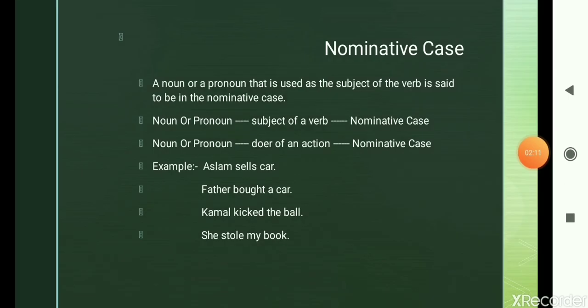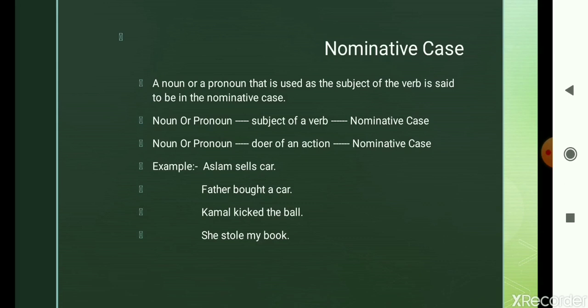Let's see another example. Father bought a car. Kamal kicked the ball. She stole my book. In these sentences, father, Kamal, and she are the subjects of the verbs bought, kicked, and stole, right? They answer the question, who did the action?